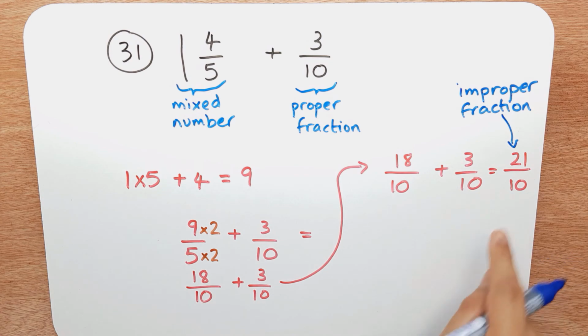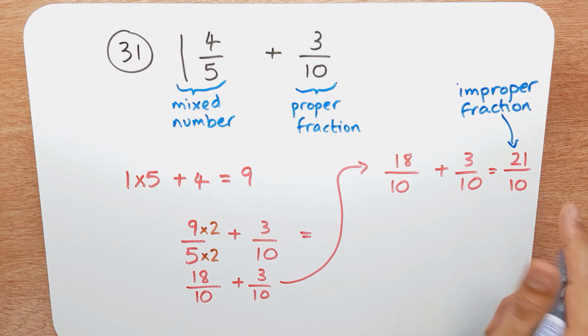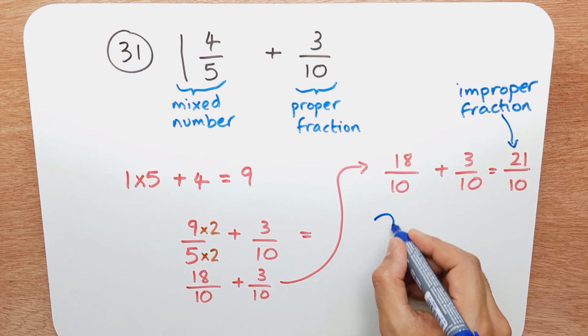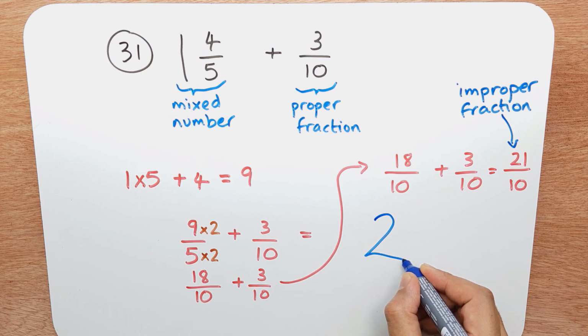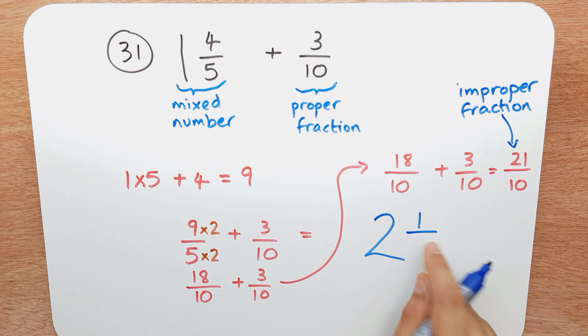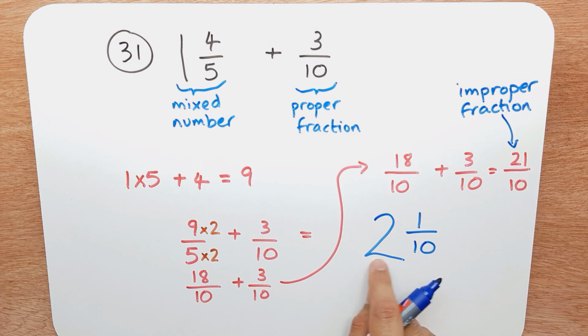And we have to turn that into a mixed number. And it's simple. You say, how many 10s are there in 21? 2. Remainder 1. And then this number goes at the bottom here. So the answer is 2 and 1/10.